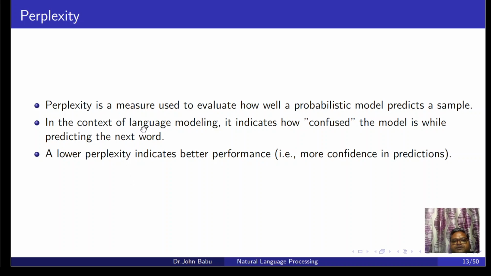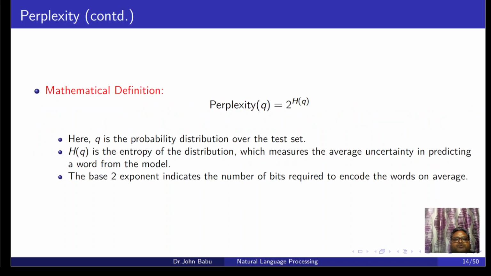The perplexity measure tells us how confused it is. That means the lower the perplexity, the better the performance. Perplexity is confusion, that is a more appropriate word. So the higher the perplexity, the less the clarity. The lower the perplexity, the more the clarity and performance.